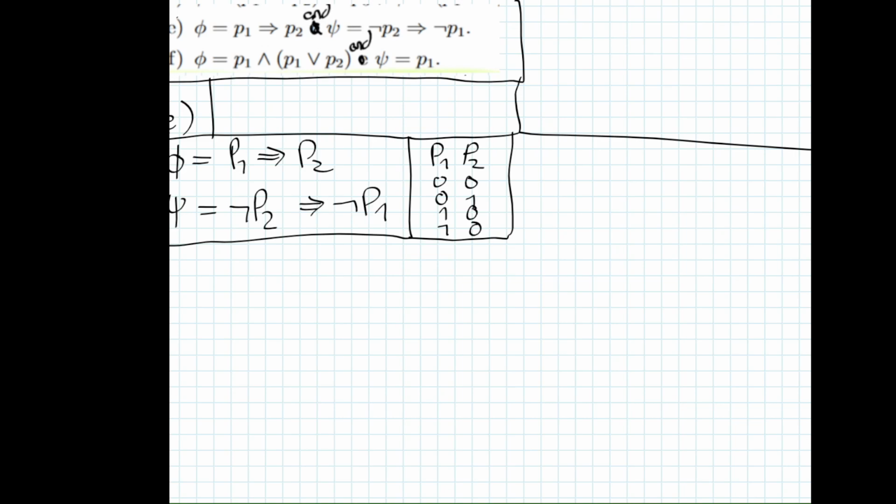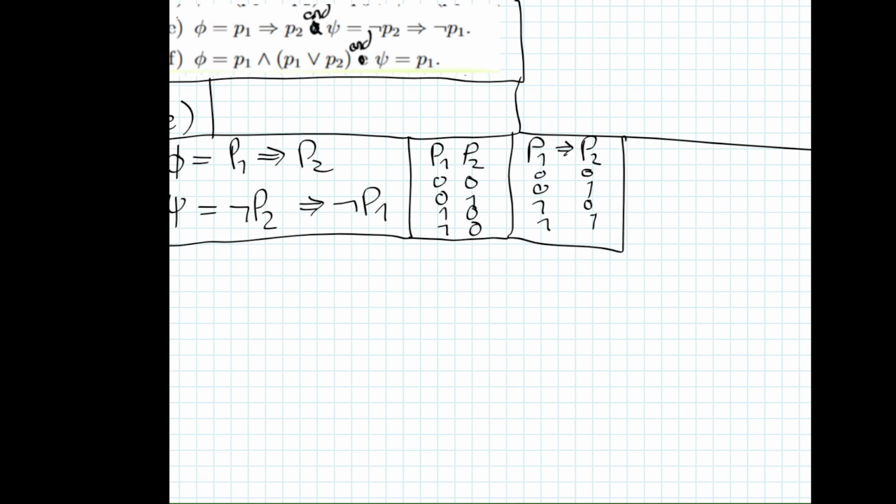We have the table. Now let's do P1 implying P2: P1, P2, 0 0, 0 1, 1 0, 1 1.